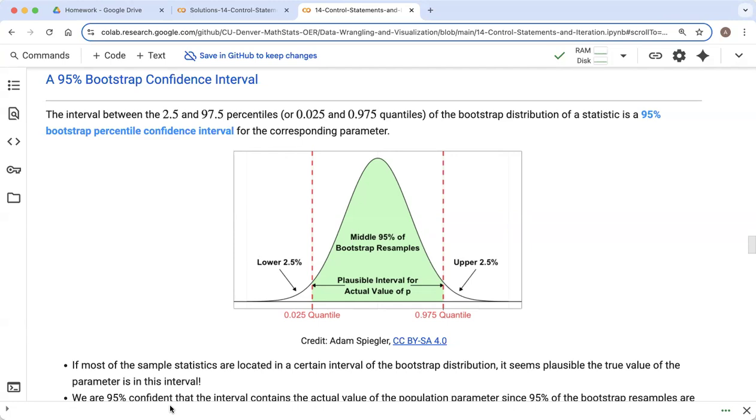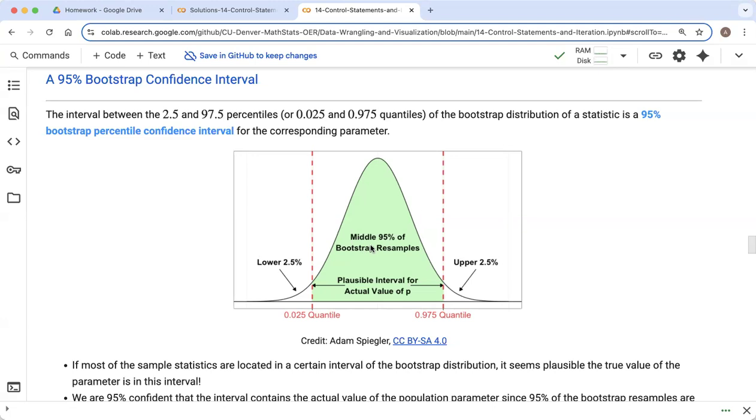So if we want to construct a 95% bootstrap confidence interval, let's say I've got some bootstrap distribution, and that's what we're looking at in this image. This bootstrap distribution doesn't need to be normal, and it doesn't even need to be symmetric. In this case, the picture does look kind of normal, but these bootstrap distributions can be skewed.